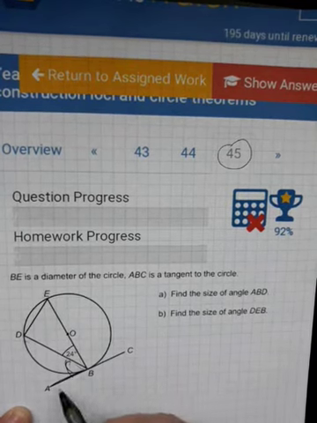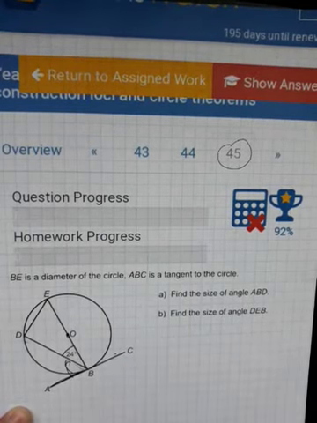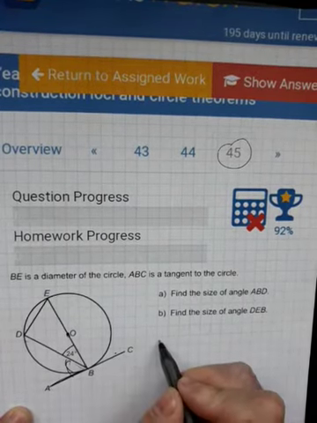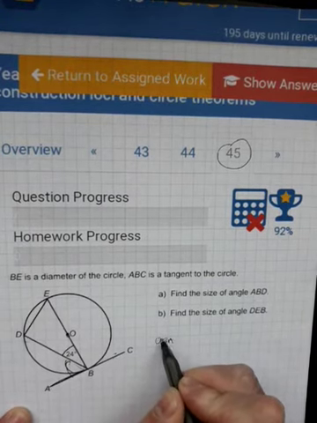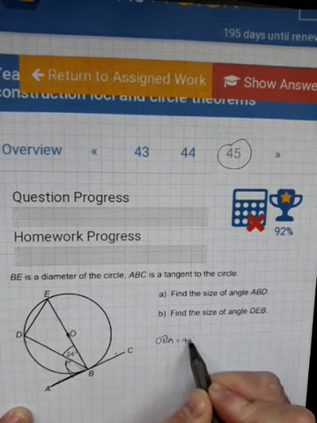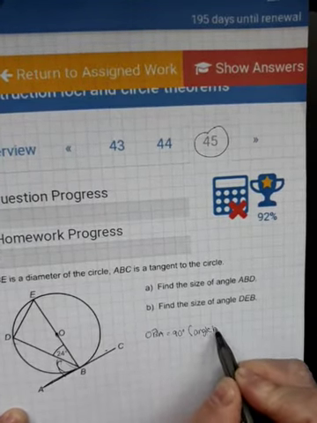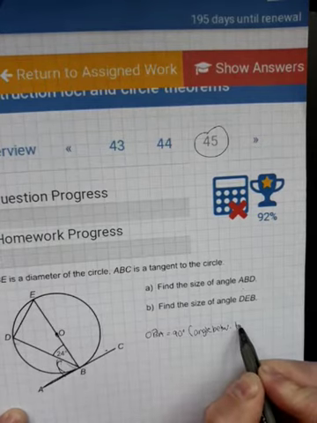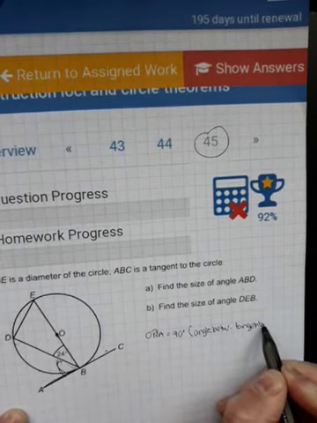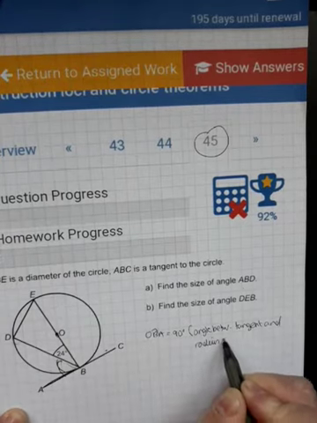So what do we notice? We've got a tangent. If that's a diameter, that must mean that OB is a radius, which means OBA equals 90 degrees, and that's angle between tangent and radius equals 90 degrees.